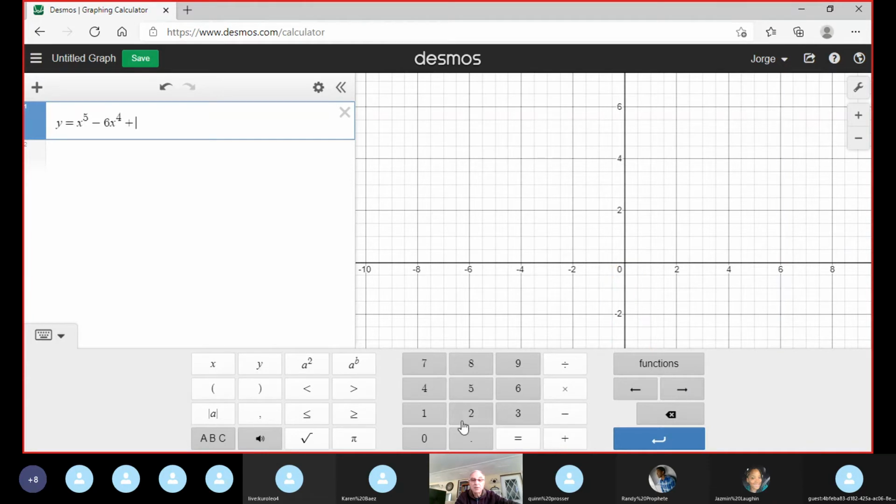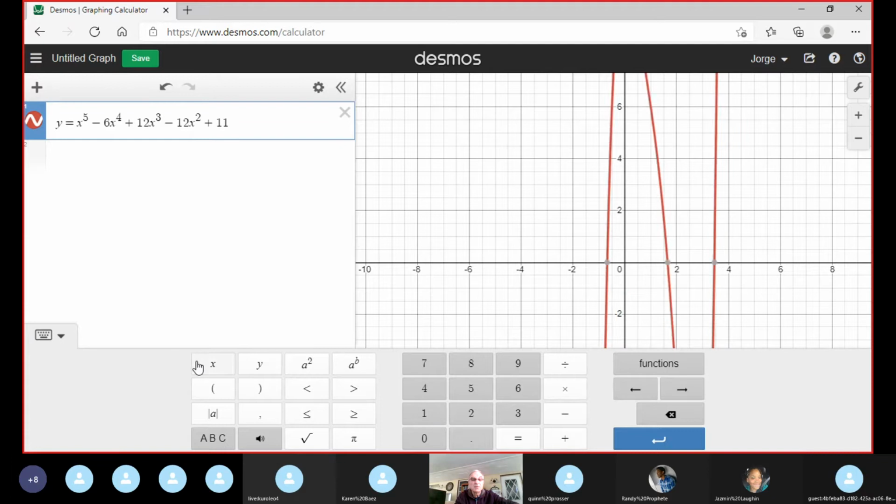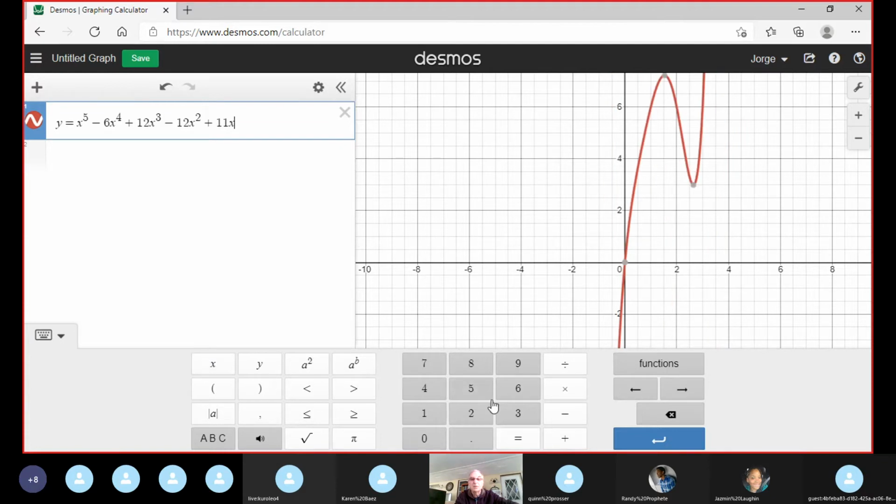Plus 12 x to the 3rd power. Minus 12 x to the 2nd power. Or you can write x to the 2nd power directly here if you want. Plus 11 x minus 6.